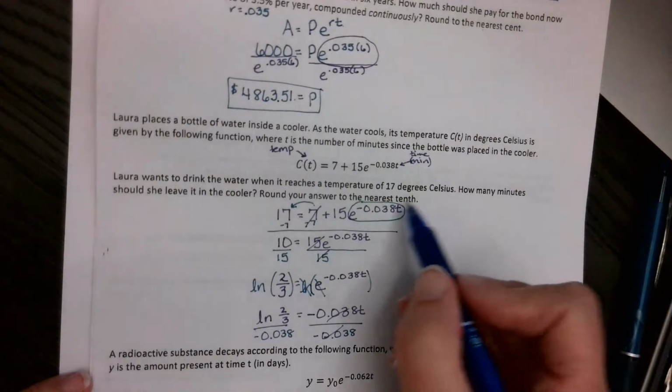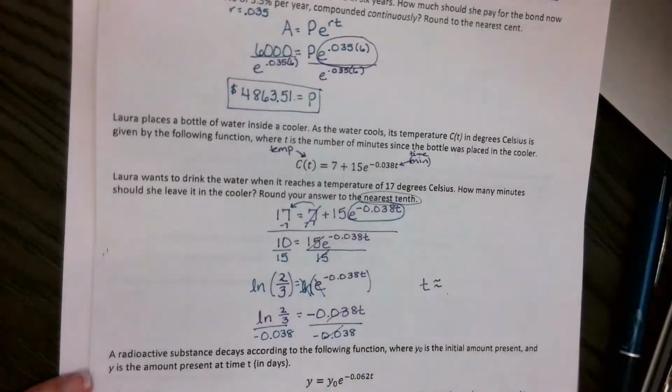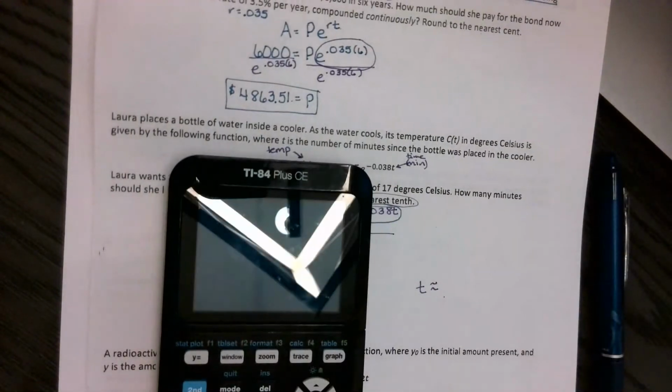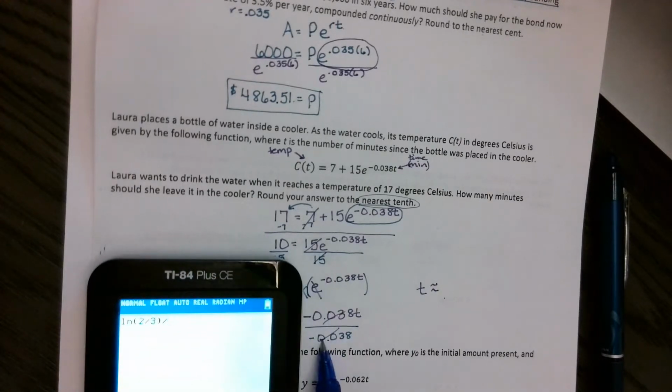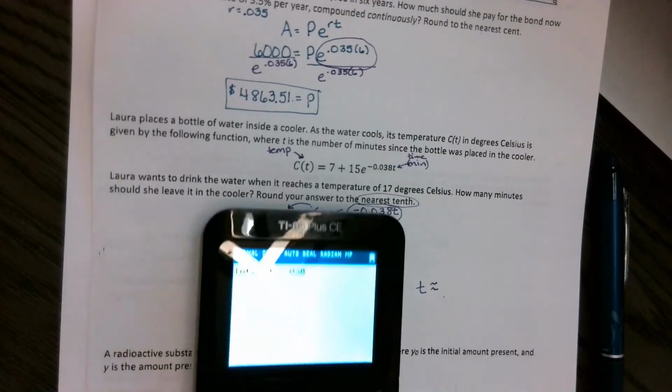And our directions say to the nearest tenth. That's 1 decimal place. So what we're going to do is take our calculator. We're going to do the natural log of 2/3, divided by that exponent, 0.038. Oops, and that is a negative. Sorry, let me add in a negative there.